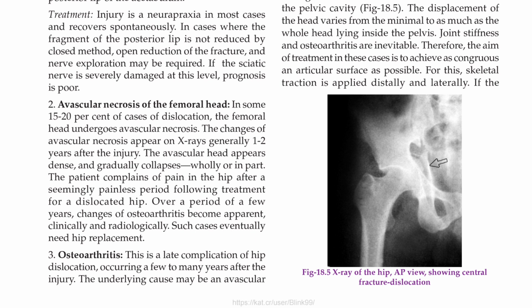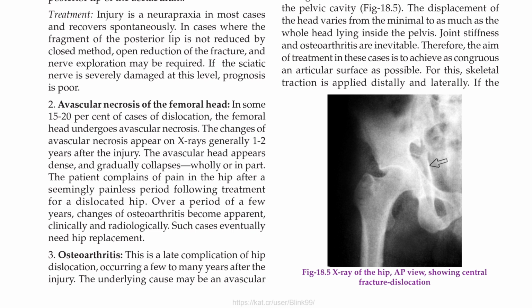How will the avascular head look? It appears dense and gradually collapses wholly or in part. The patient complains of pain in the hip after a seemingly painless period, pain after a painless period following treatment for a dislocated hip. Over a period of a few years, changes of osteoarthritis become apparent clinically and radiologically. Such cases eventually need hip replacement.